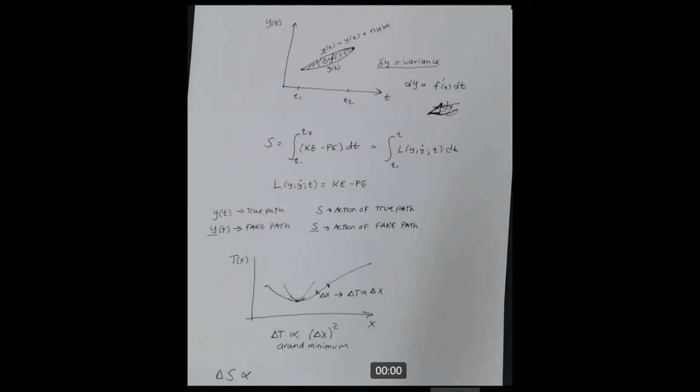So to say that again, what I mean is the change in, well, I'm looking at my fake path, so I'm looking at the action of the fake path, so I guess I put a line under there. The difference in it from the true path ought to be proportional to the deviation squared when I'm close to the minimum.